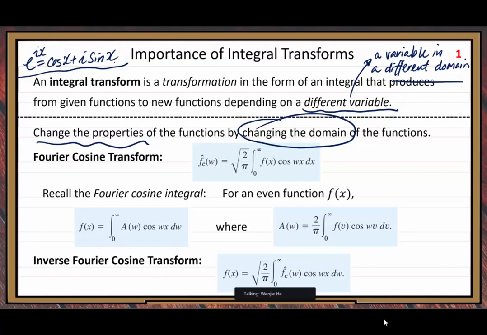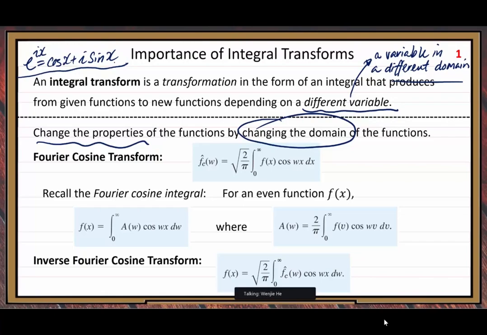From the form, for the Fourier cosine integral we have two formulas, and it looks like a transform and an inverse transform. Similar, right? So can we treat this as a transform? You go to a different domain, then we get it back. Similar.